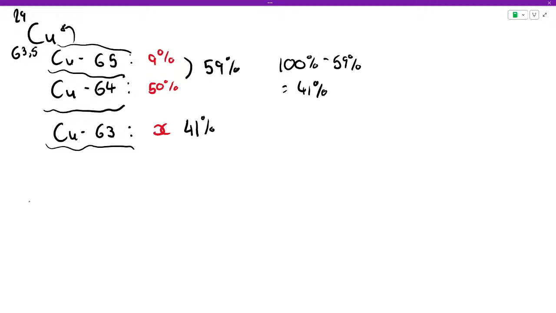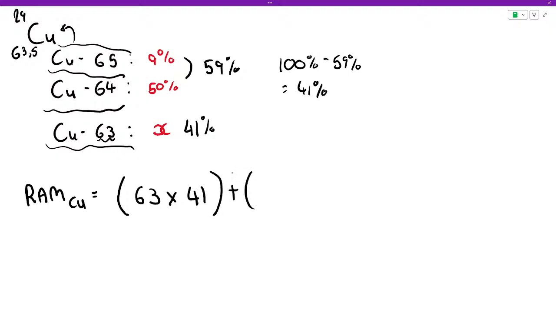Now there are two of the same formulas. The relative atomic mass, or RAM, of copper is equal to: you take the isotope number, which is 63, times 41. I'm going to show both versions of the formula.